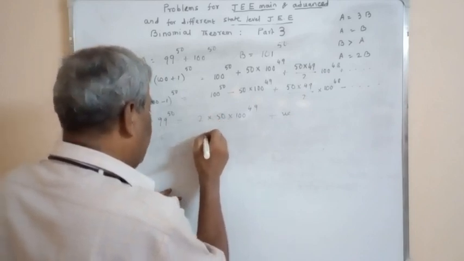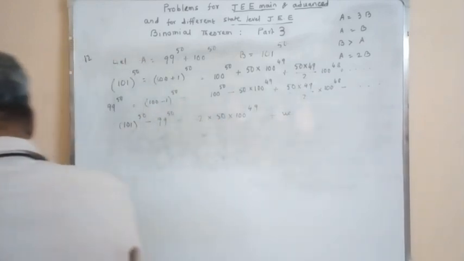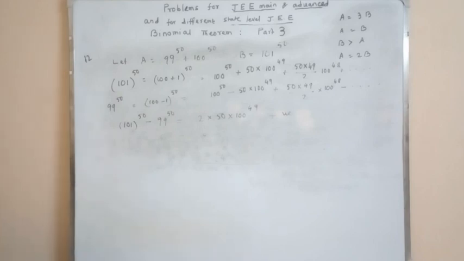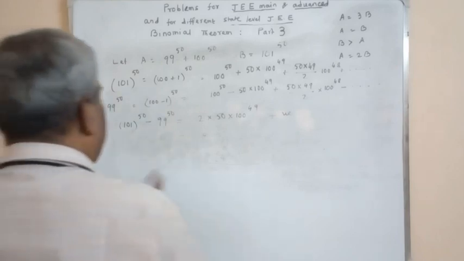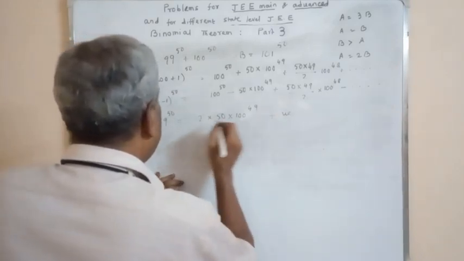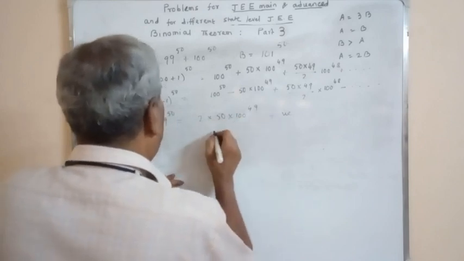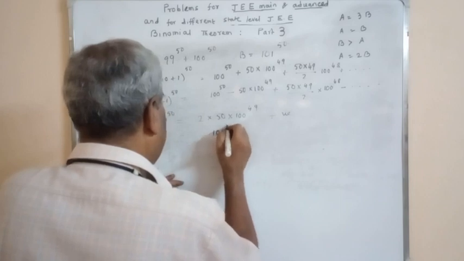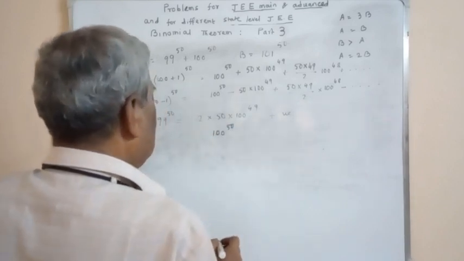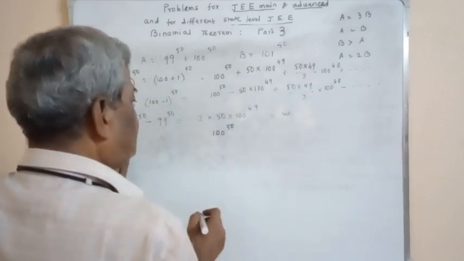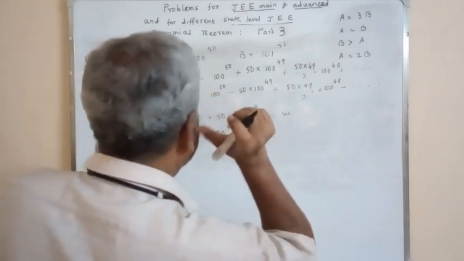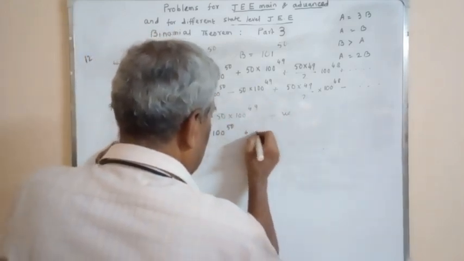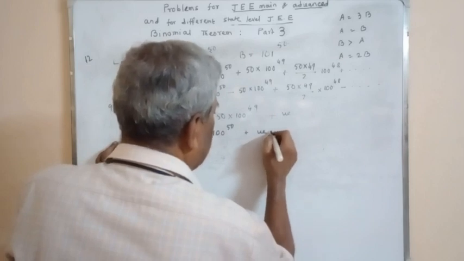So it is 100 to the power 49 plus 1, so 100 to the power 50 plus some positive quantity.